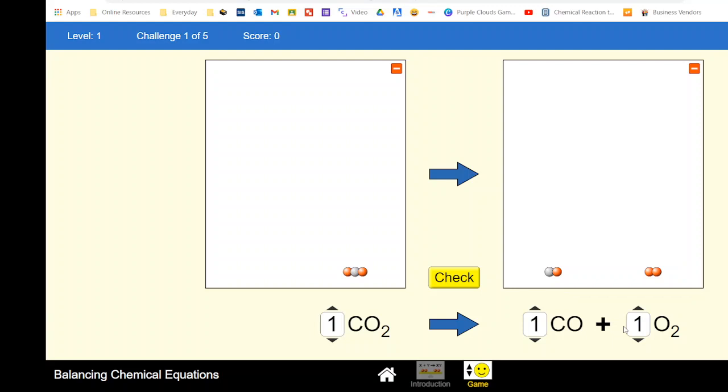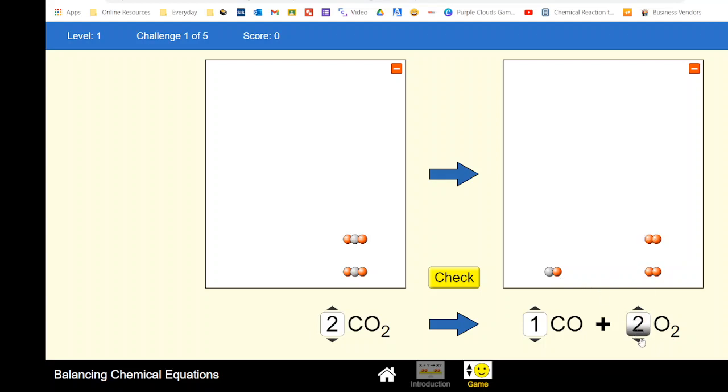Here's one of the common problems that we do hit. If you have an odd number on one side and your left side, that element can only be even. Increase your substance that is even and try then to make your right side become even as well. Now you wouldn't increase your O2 because that's only going to increase it by 2s.